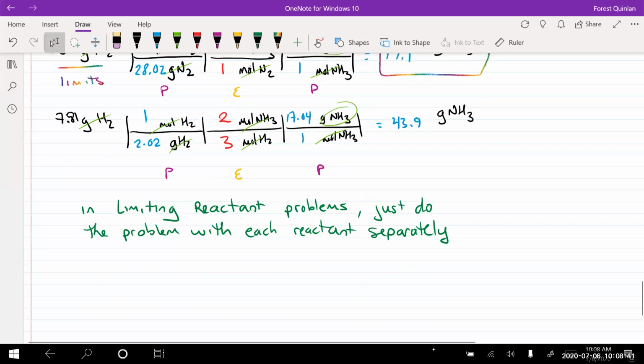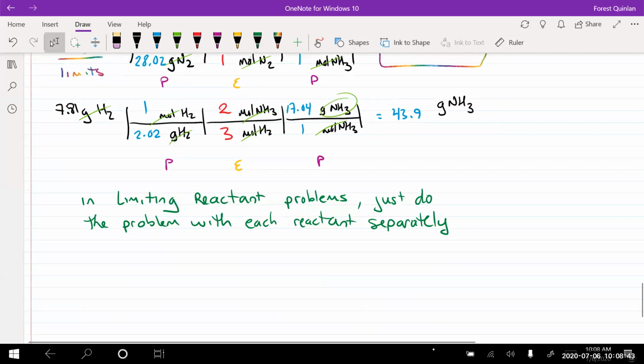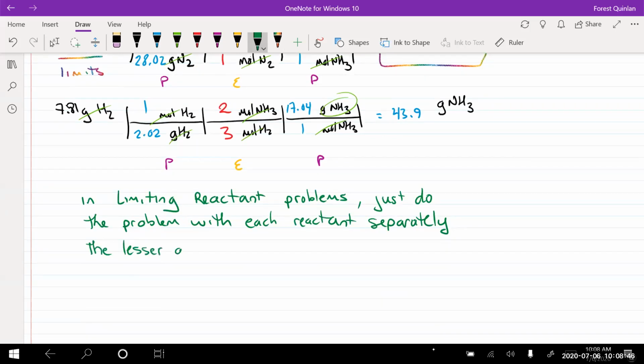The lesser amount is what you make. So does that mean we would have just extra hydrogen after the reaction? Yep.